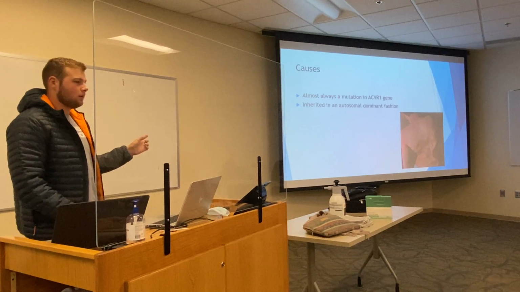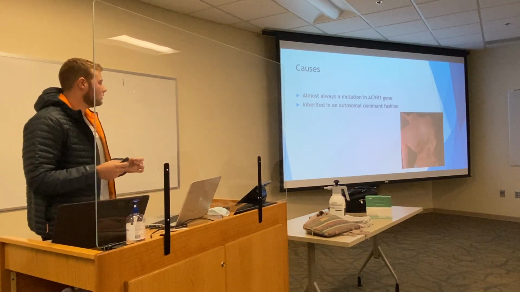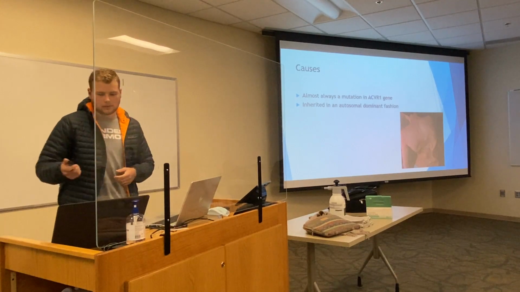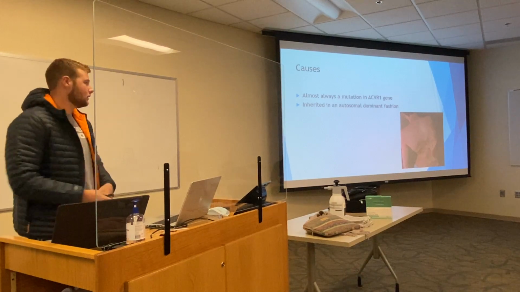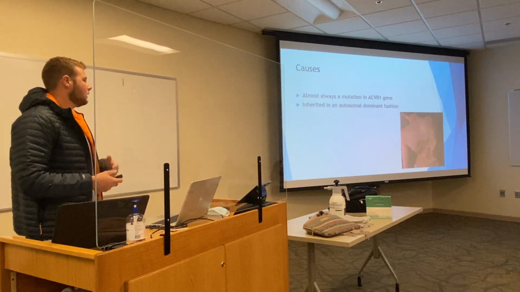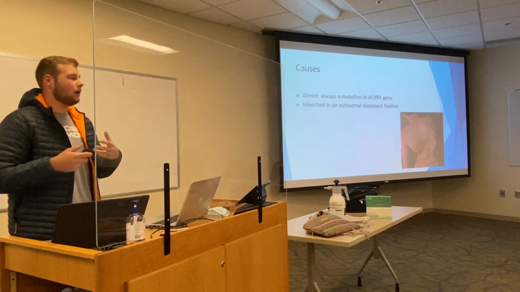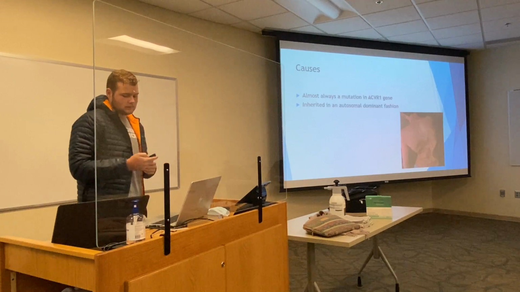The autosomal part means that it's simply one of the chromosomes that is not the sex chromosomes, so the X and Y. And then the dominant is what we all learn in high school, so we have our dominant and recessive genes. This is unfortunately dominant, so if there's only one mutation in that pair, it's going to take priority over the normal gene, and that individual will contract this disease.